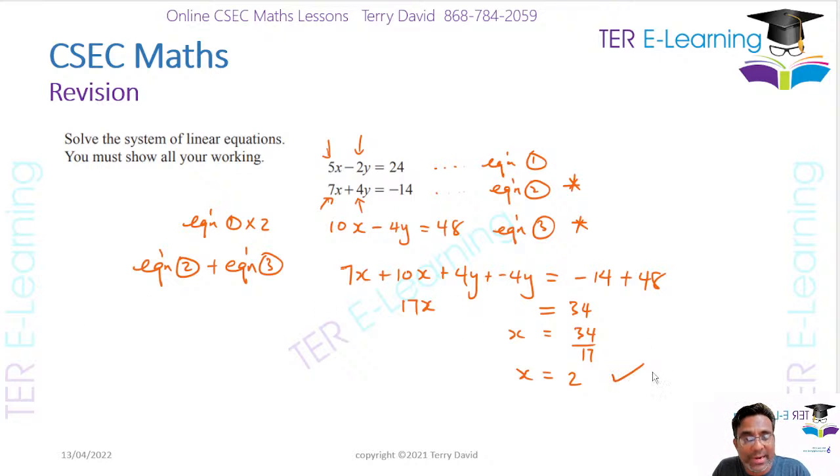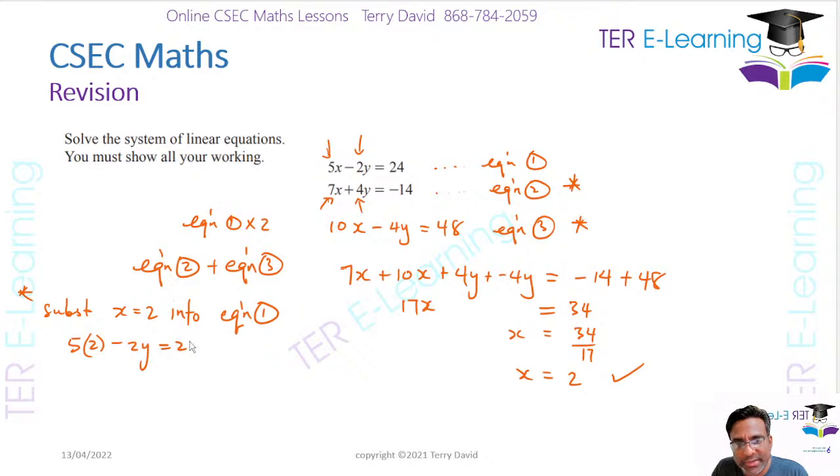Now, since I know what x is, I can take that and plug it into any one of the equations. Doesn't matter, any one you want. So I'm going to substitute x is equal to 2 into, let's say, equation 1. So this is going to be 5 multiplied by 2 minus 2y is equal to 24.